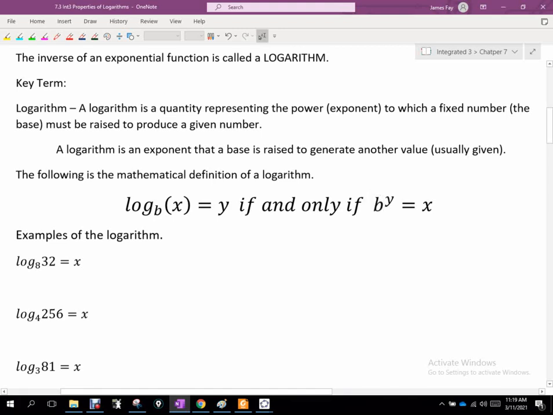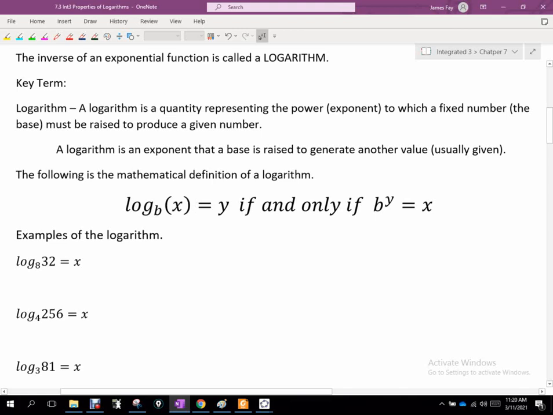You see here y. So here we're taking a base and raising it to a number to get x. Base raised to an exponent to get x. That's what we talked about for an exponential, right? Here we have an equation that says this logarithm will tell you what that y value is.